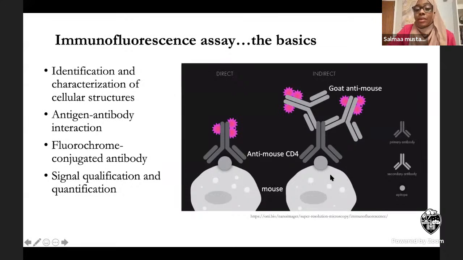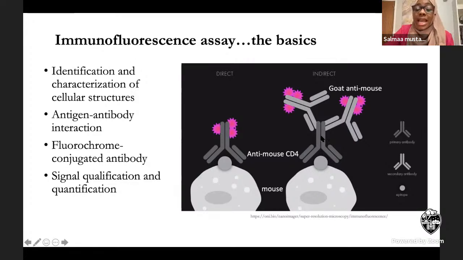With the secondary antibody, you need to pay more attention to the kind of antibody that you get. This is also a lymphocyte, for example, from a mouse, and you have this epitope, CD4, right? You have your primary antibody, however, it doesn't have to be conjugated. But your secondary antibody has to be an antibody that can recognize mouse proteins, okay?